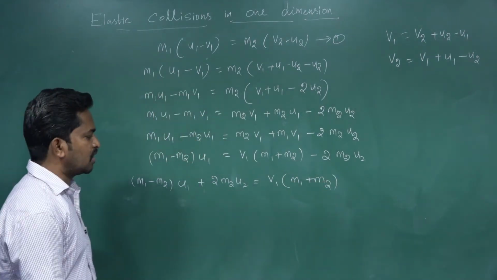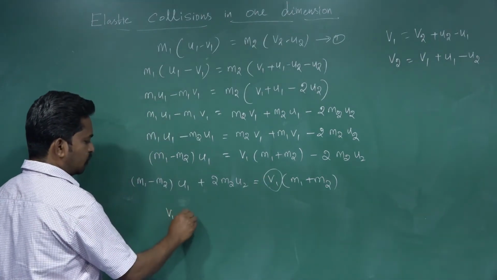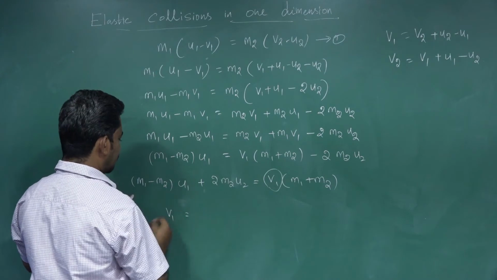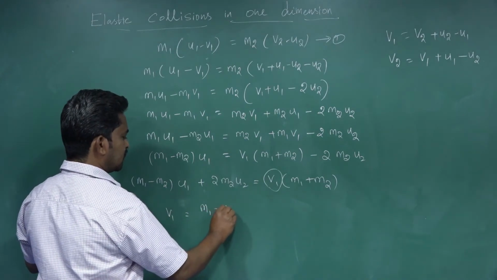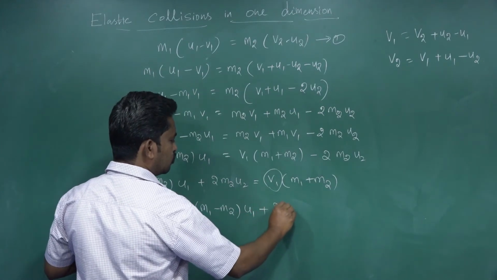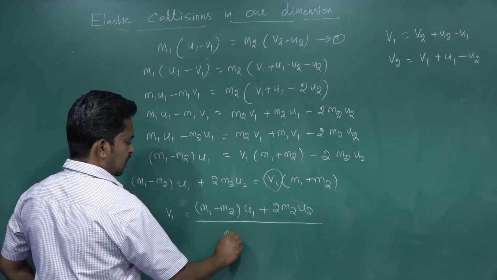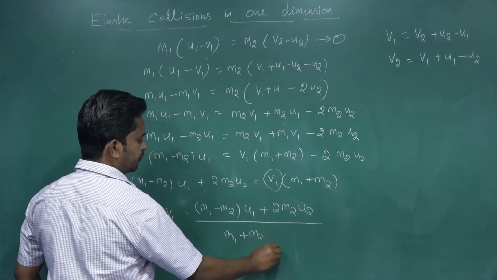I want to calculate the v1 value, so v1 is equal to m1 minus m2 of u1 plus 2 m2 u2, whole divided by m1 plus m2.